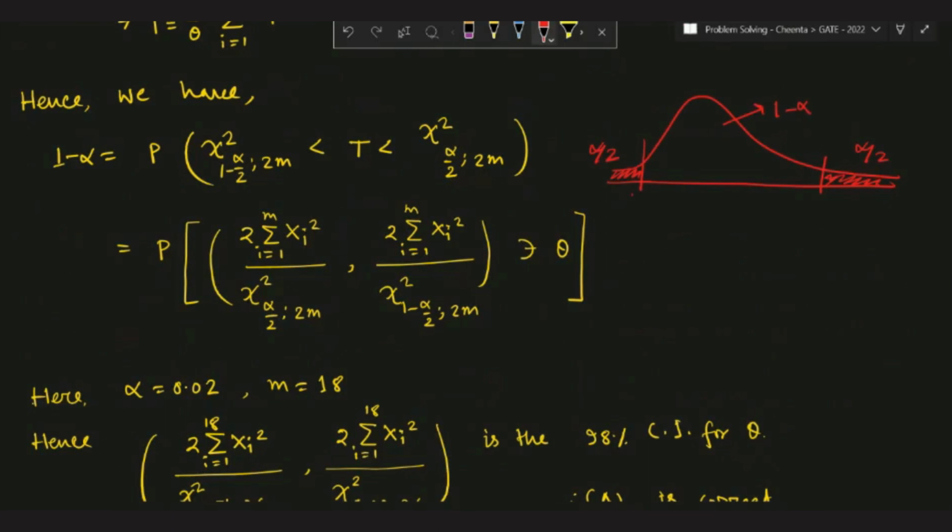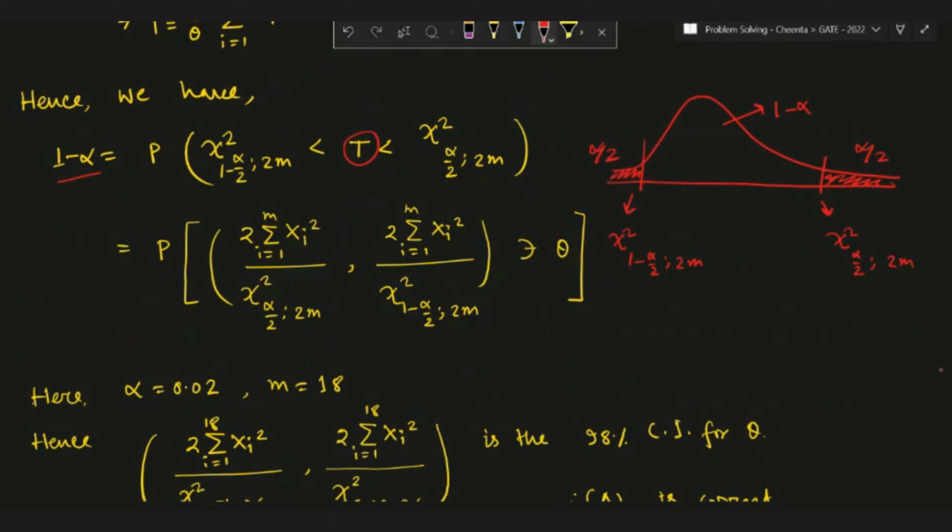We need to find these two points. So for the chi-square 2m distribution, this point is chi-square 1 minus alpha by 2 comma 2m, and this point is, as per our notation, chi-square alpha by 2 comma 2m. So our statistic T will lie between this interval, and that probability will be 1 minus alpha.